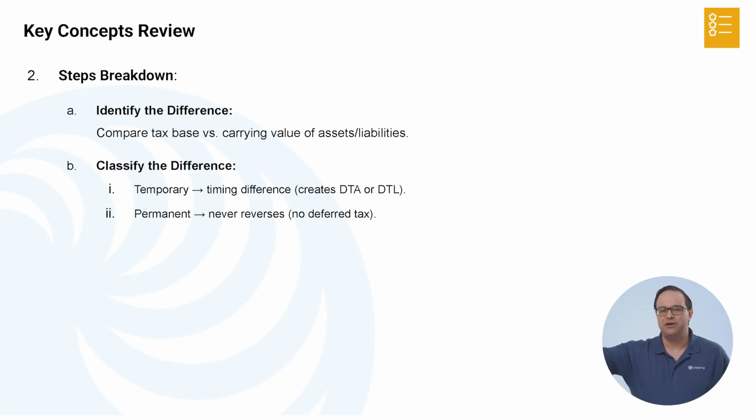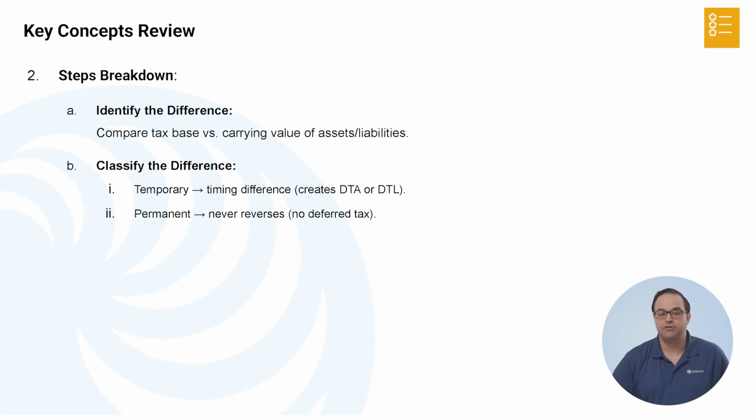So if that realization will not occur, the difference would be permanent in nature and no deferred tax liability or deferred tax asset would be created in that scenario, because there'd be no reversal and realization of that tax true-up, if you will, in the future.